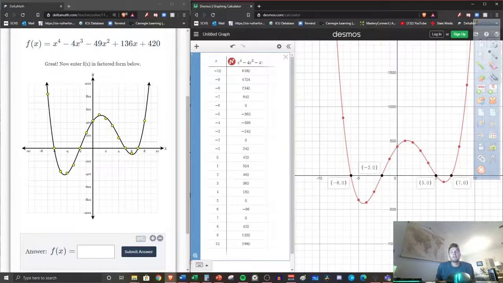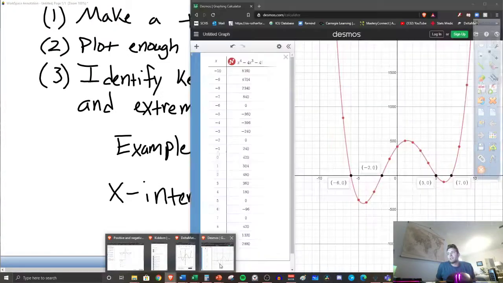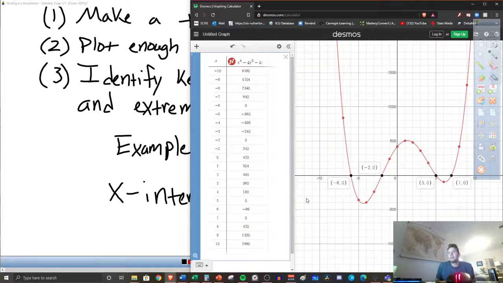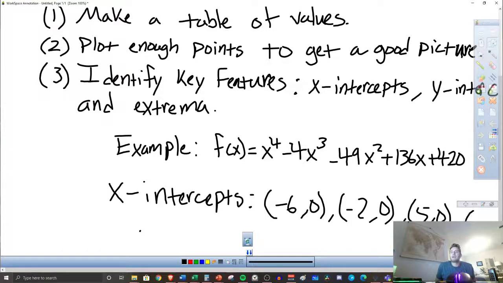So we need to list out every single one of those. So the x-intercepts are, I need to be able to see this at the same time. -6, 0, -2, 5, and 7. So I'm going to write those as ordered pairs: -6, -2, 5, and 7. Barely fit in there. Okay.